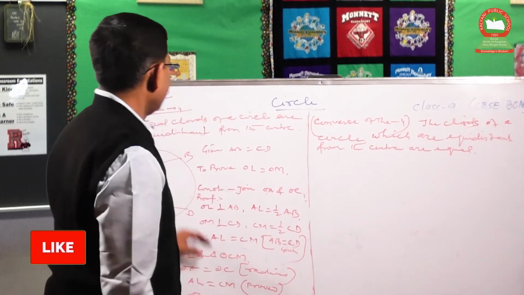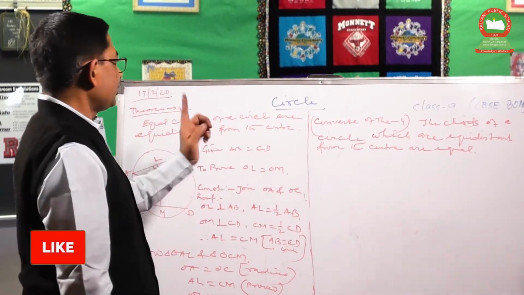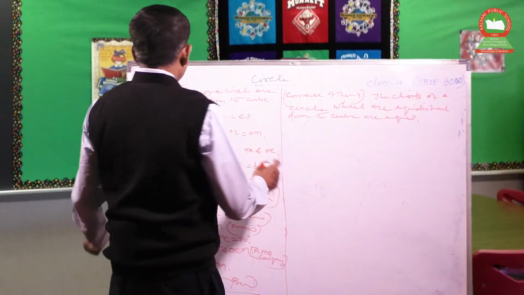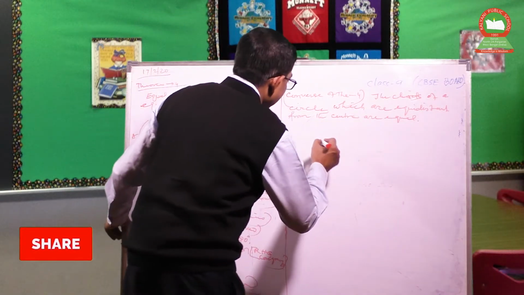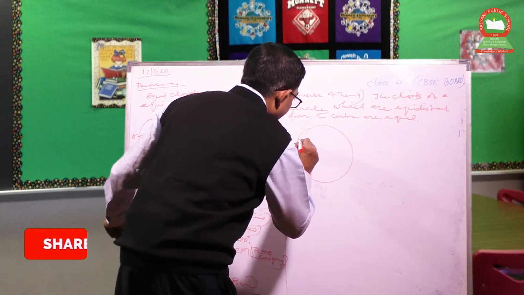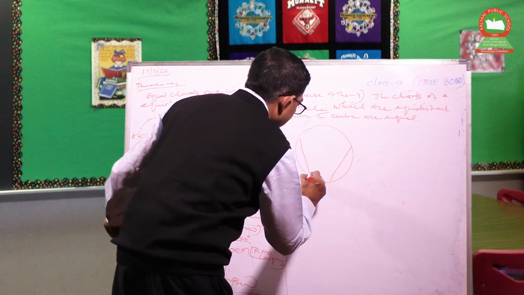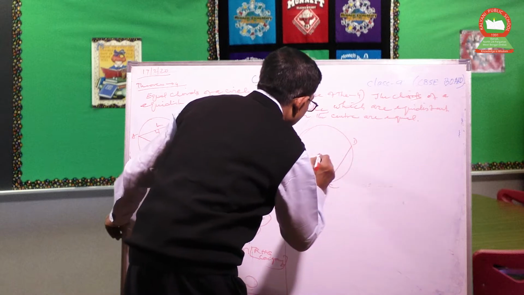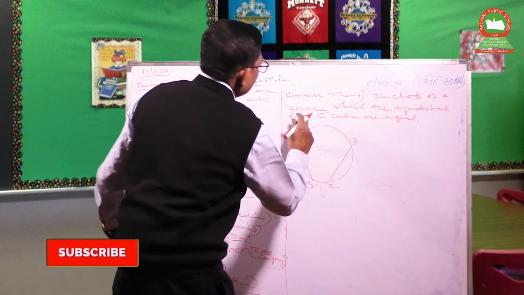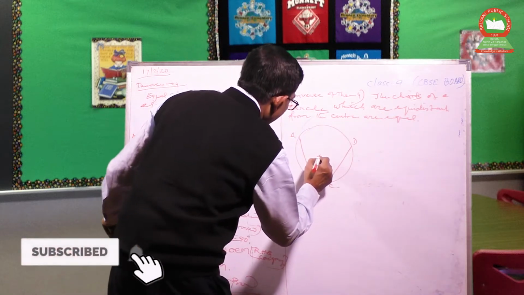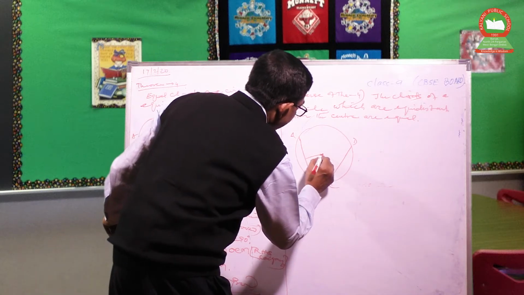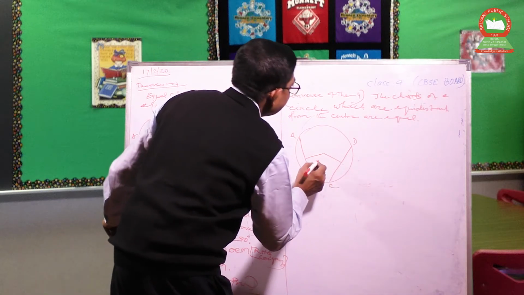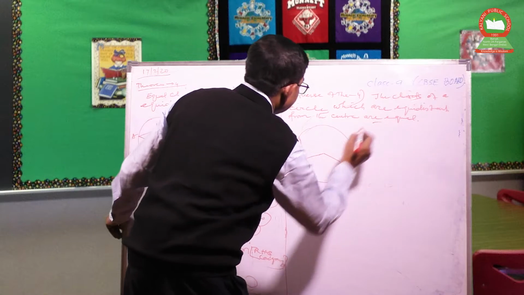Next is the converse of this theorem. That is, chords of a circle, suppose AB and CD, which are equidistant from the center, are equal.